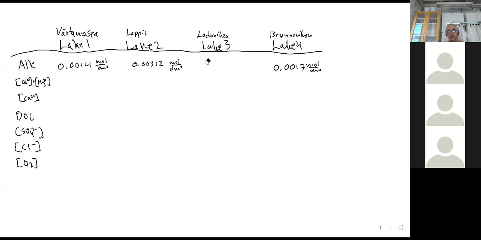Anyone has a value for Lake 3? I didn't do this one, but I have a photo of what was written on the board, and that was 0.029 molar. Was it 2 zeros and then 29? Yeah.